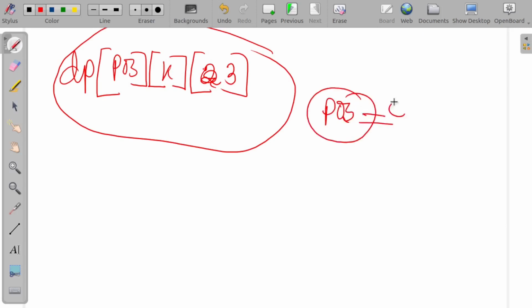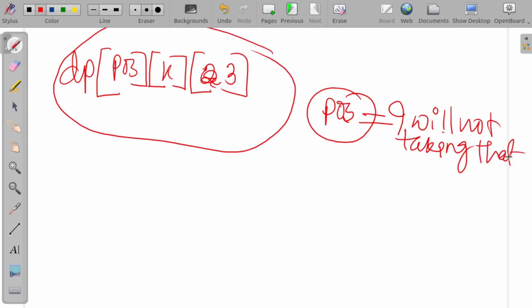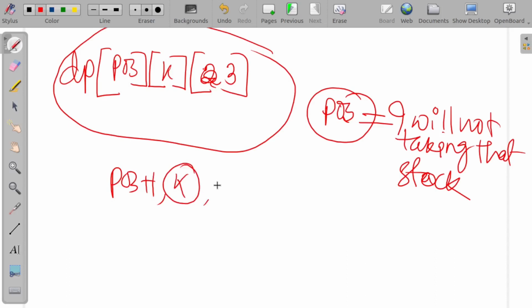Currently, I will not take that stock, so I skip it. The position becomes position plus 1, but k stays the same as the previous one.